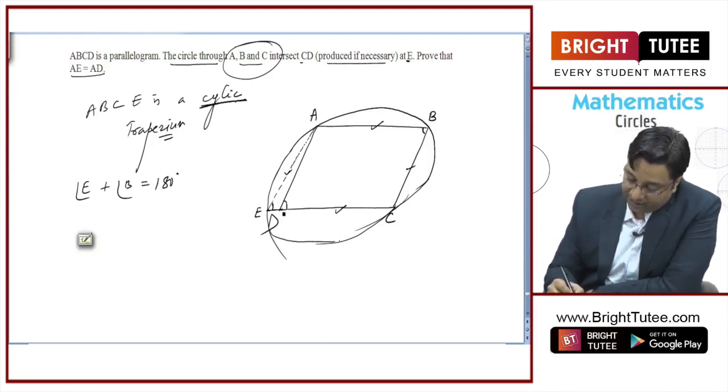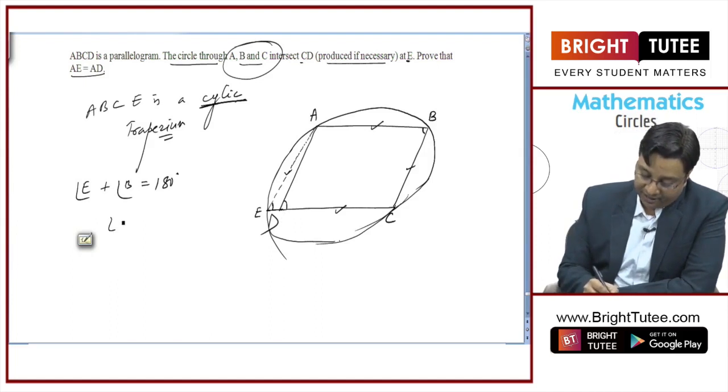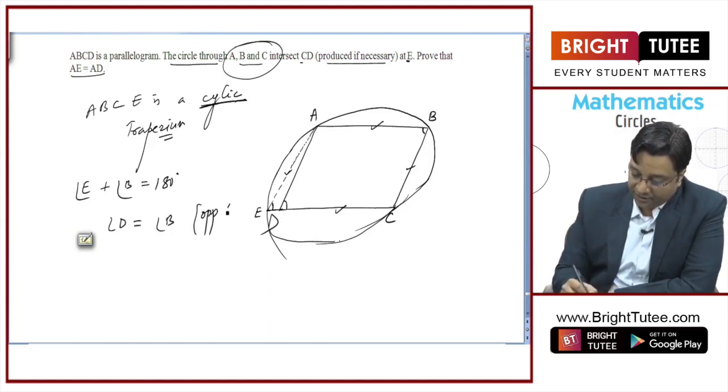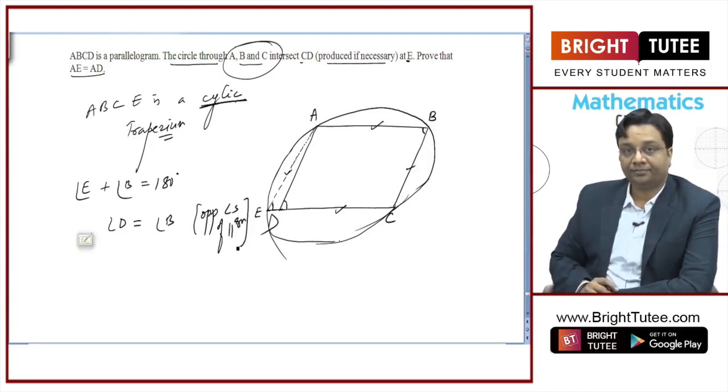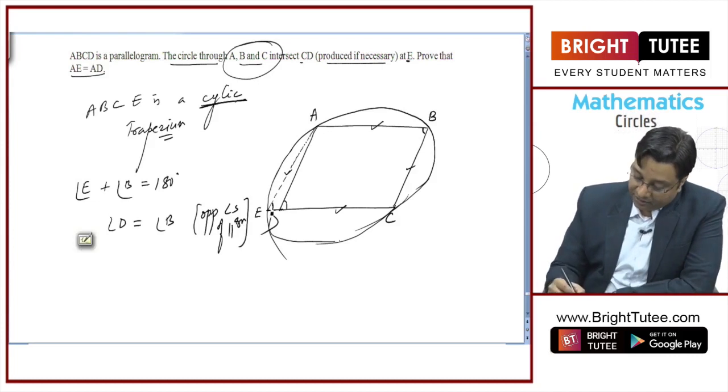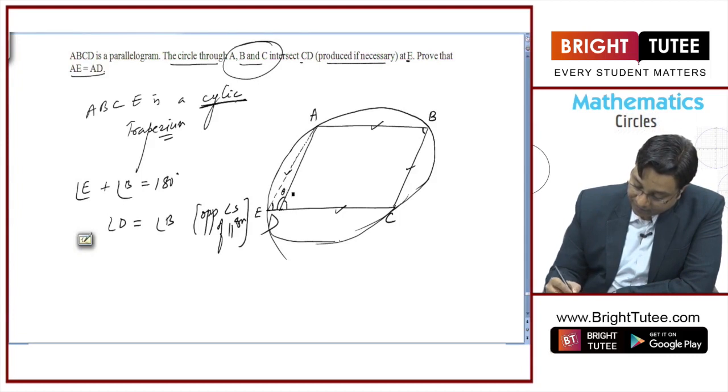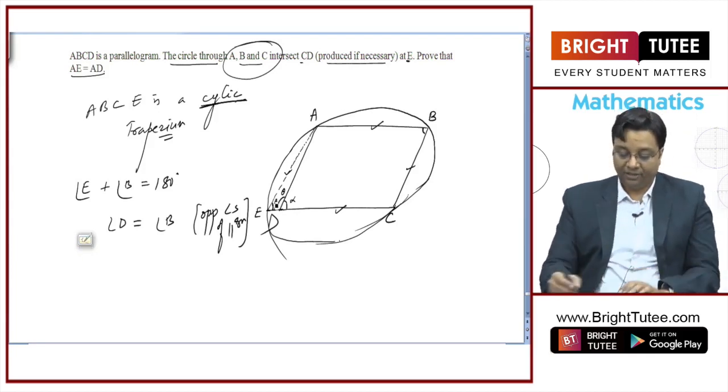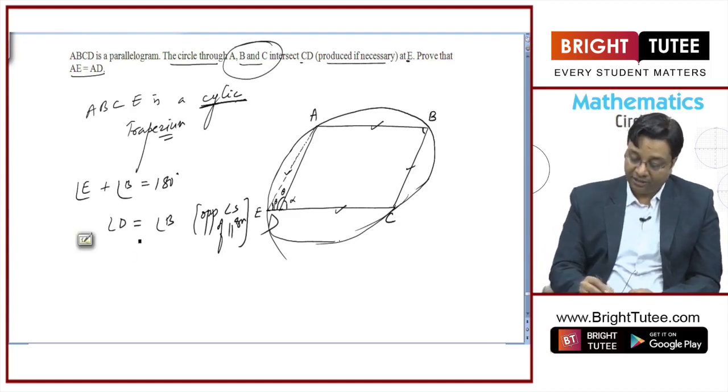So this angle here, angle D is equal to angle B, because opposite angles of a parallelogram are equal, right? So now look at this. If you consider this angle as theta and this angle as, let us say, alpha, and this angle E as angle beta. Okay, so what can you say about these angles?